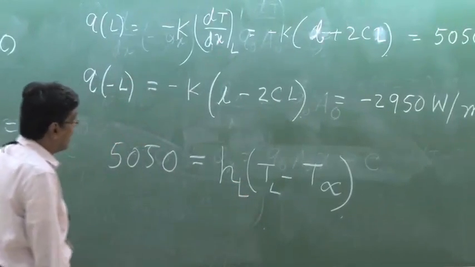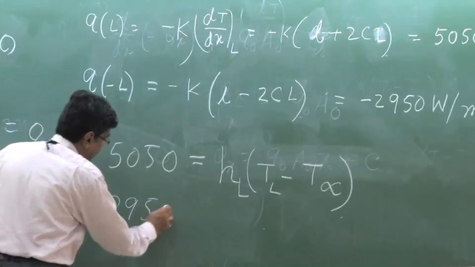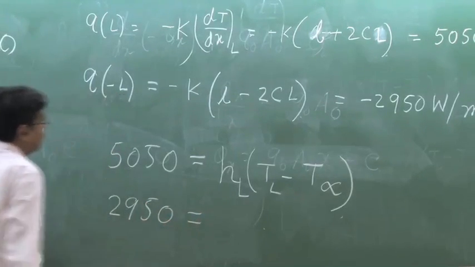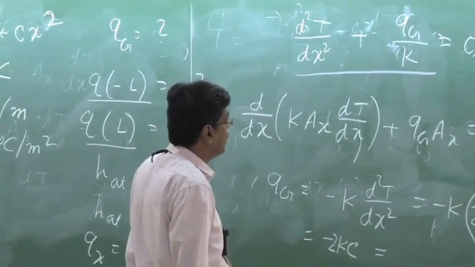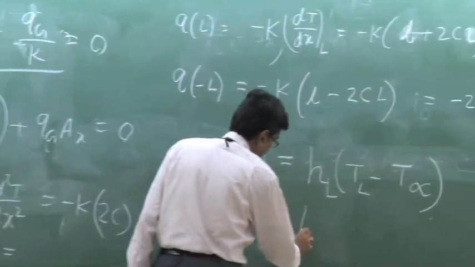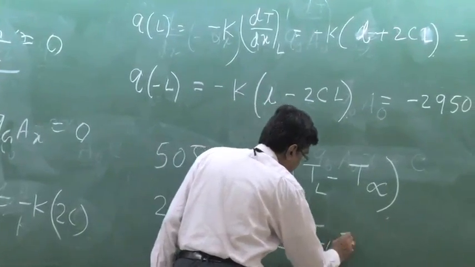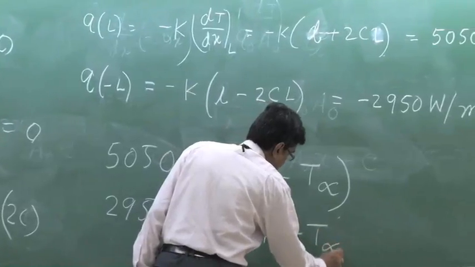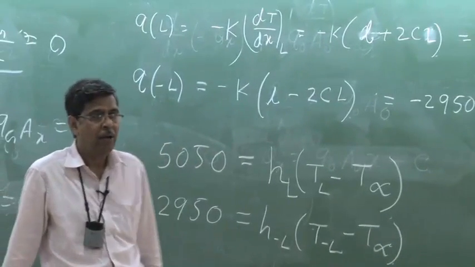For h at minus L, you take the scalar value, this is the heat to be transferred, and this will be equal to h times T at minus L minus T infinity.